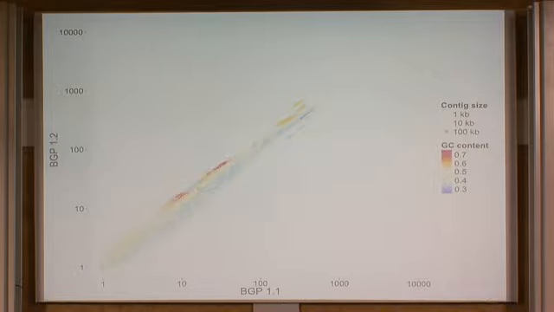And what you see is the coverage is pretty similar between these two. But when you start comparing sample 1 to sample 2, you see a big difference here. What you also see is these clusters of the same color that show up, which could maybe be the same organism.